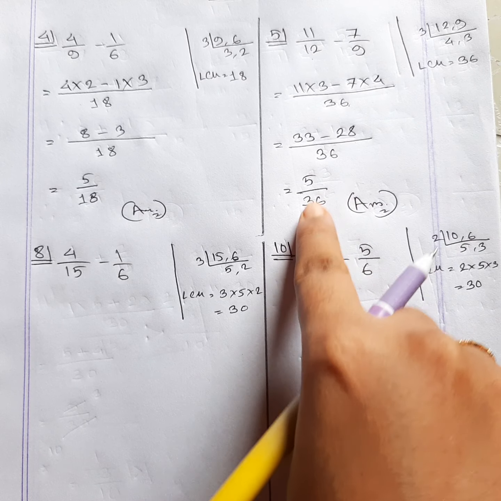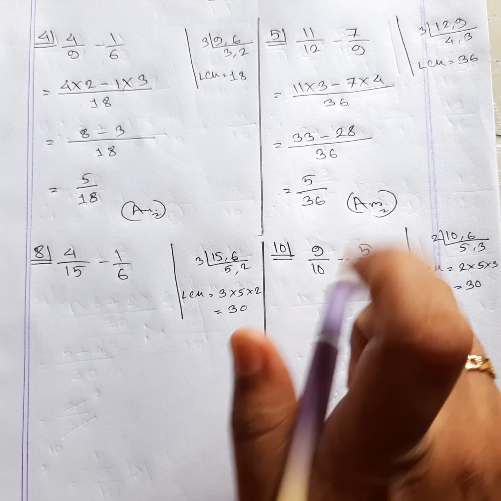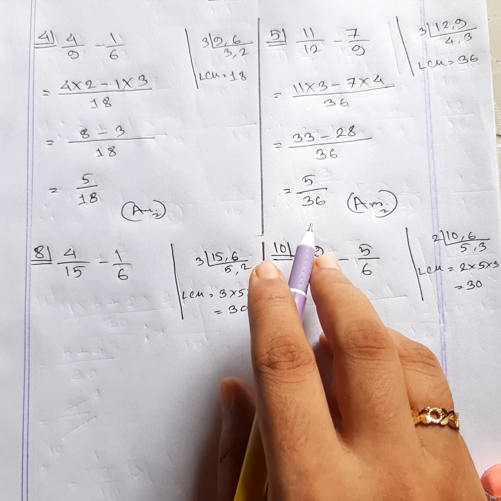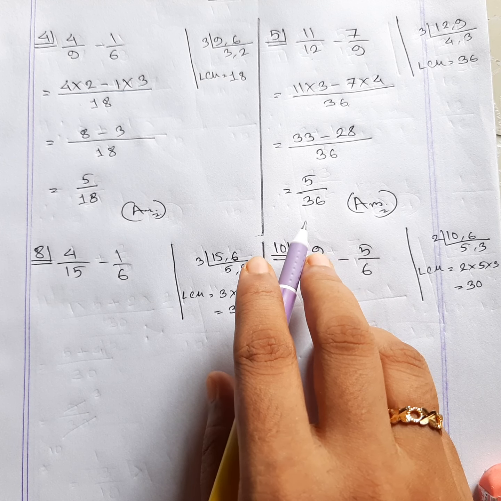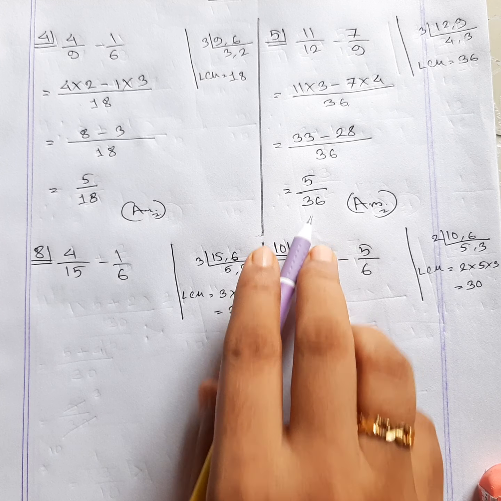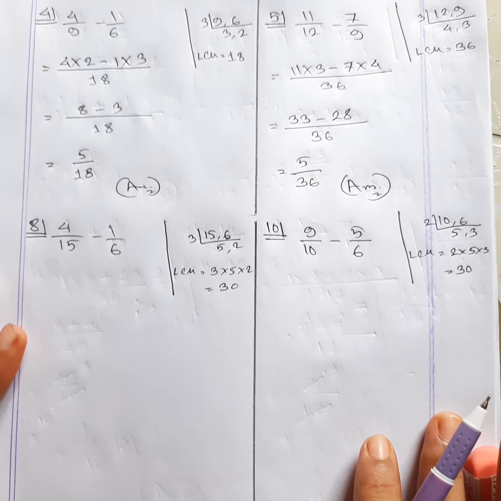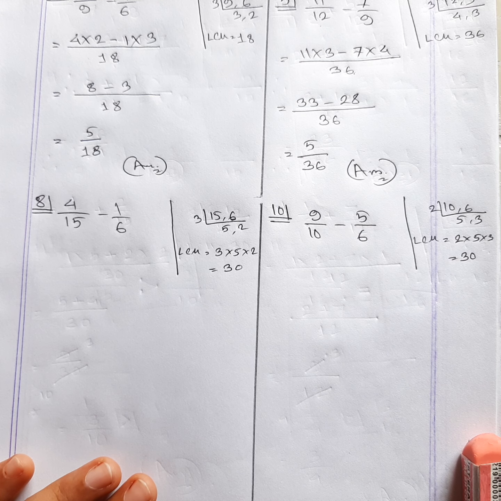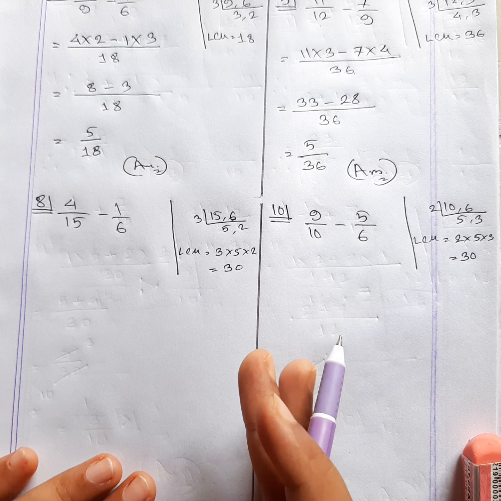You cannot reduce it because 5 is a prime number, having only itself and 1 as factors, so we cannot cut it with 36 because 5 is not a factor of 36. So we're going for the next math. Almost done, okay? Have patience and keep doing the good work.